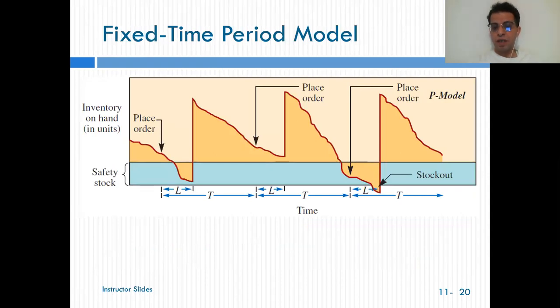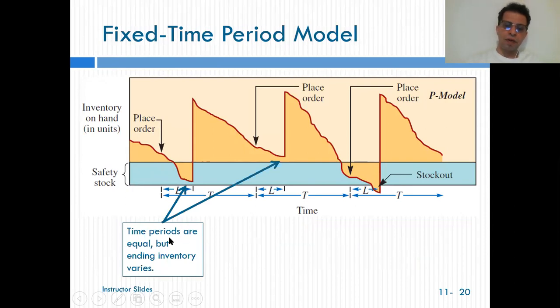But in the fixed time period model, you might sometimes be facing the amount going down, and that's when you do a deviation and calculation. Because sometimes you run out of the safety stock for certain consumptions. And that could be dangerous, like in this case, because it takes time to do orders.